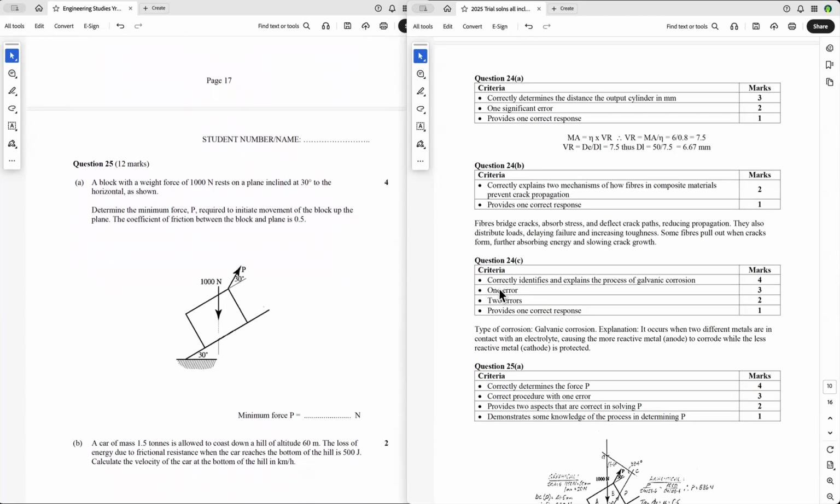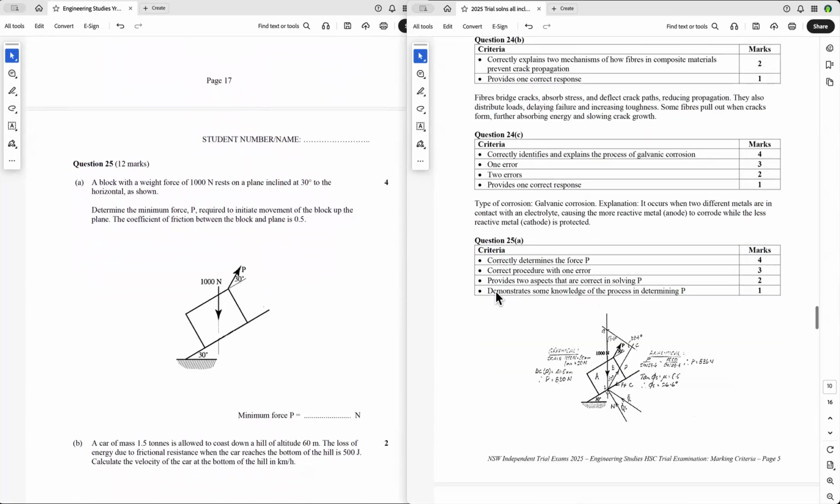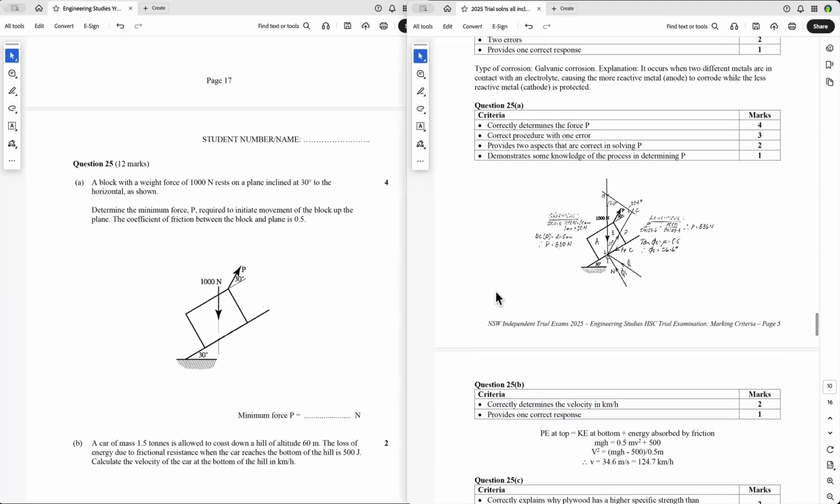Next question is a question that gives students a great deal of anguish. And if you do these using graphics, it's much easier. So here you've got a block, it's on the verge of moving up. So you know that the force of friction has got to be going down. Friction always opposes motion or the tendency for motion.